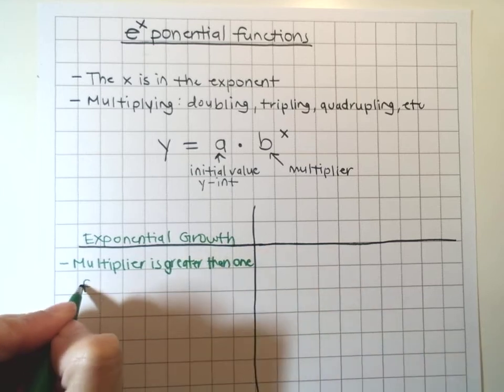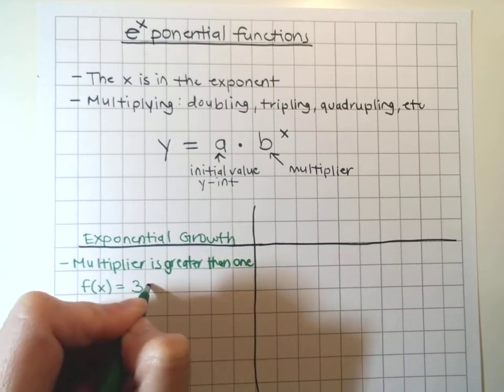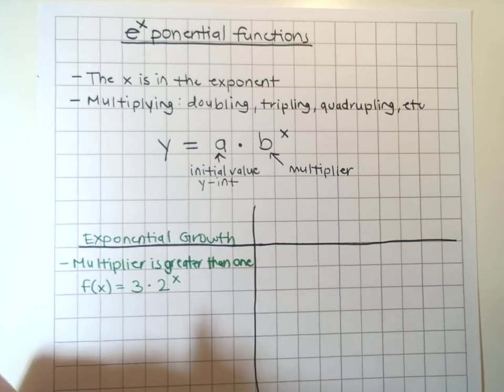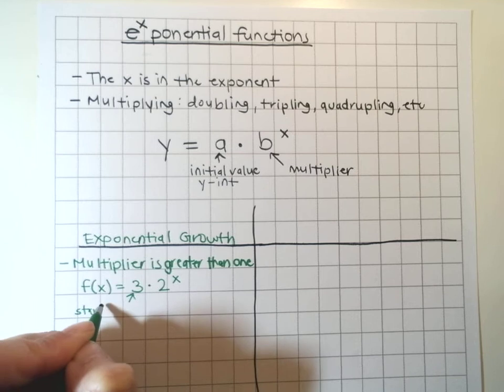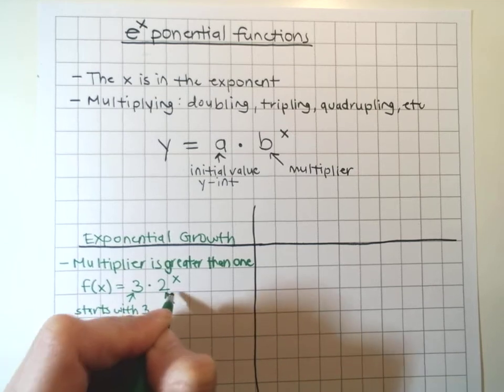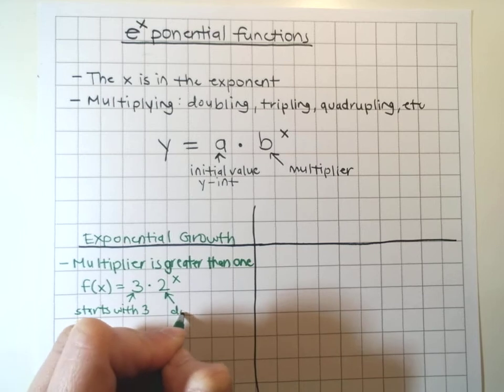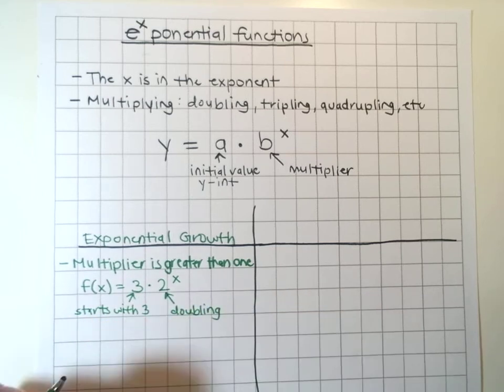So an example would be like f of x equals 3 times 2 to the x. So this tells us that we're starting with 3. And this 2 here tells us that we are doubling that 3 each time. So we could create a table.